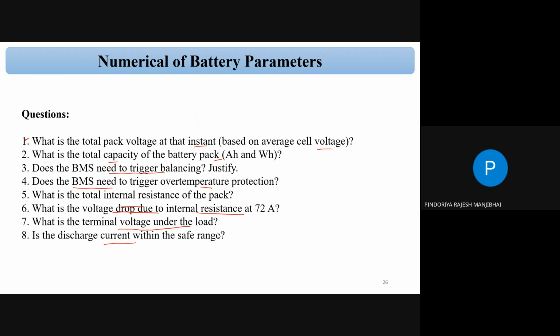And is the discharge current within the safe limit? Is there any confusion? This type of numerical I will ask in the exam, and every question carries 1 mark, maybe some questions 0.5 marks.